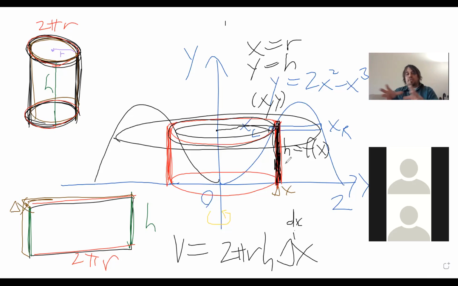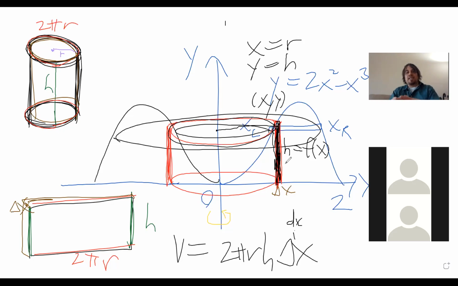We break up the three-dimensional object into cylinders, not cylinders that match exactly the volume, but cylinders that very closely approximate the three-dimensional space that the object takes up. And so when we break up the object into approximating cylinders, when you add up the volumes of those approximating cylinders, it's close to the volume of the actual space.